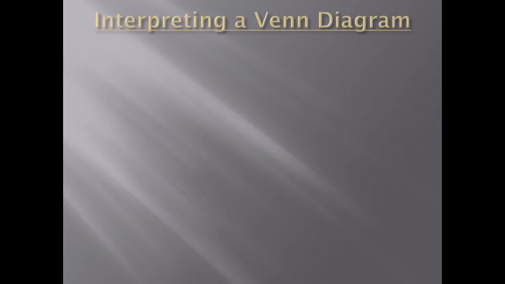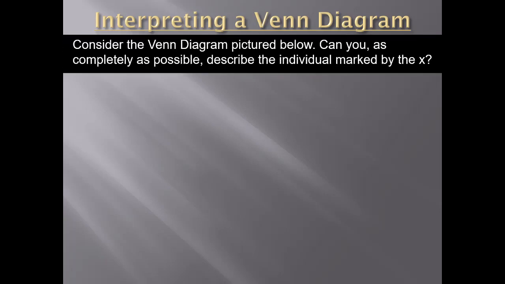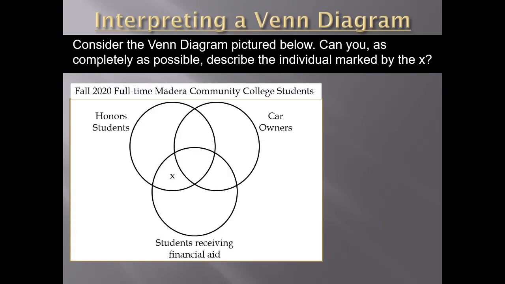Let's see if we can interpret a Venn diagram. So something that's a little bit more complicated. So, consider the Venn diagram pictured below. Can you, as completely as possible, describe the individual marked by the X? So let's take a look at our Venn diagram. Our Venn diagram is about fall 2020 full-time Madera Community College students.